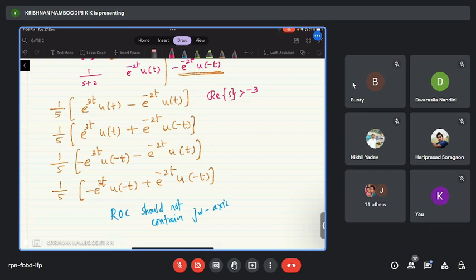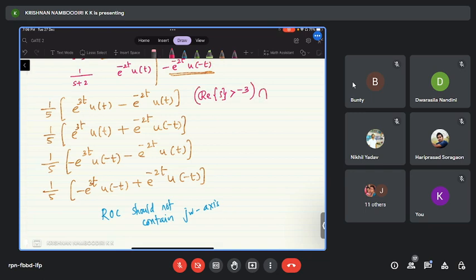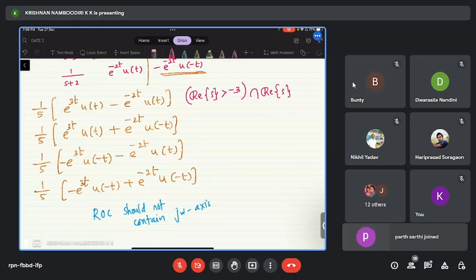Agree? This intersects with the ROC of the second part, which is right-sided, so the real part of s is greater than minus 2.